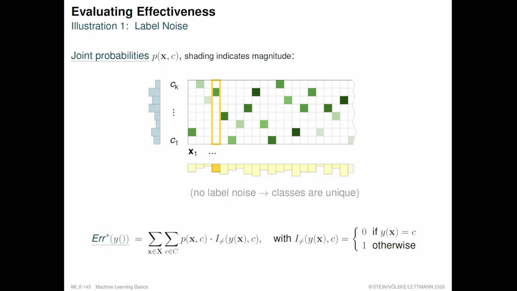So what we introduce here, okay, I took this example column here. What we see is that we have some label noise, and actually it's not that unique what class we could choose. In some cases, when we observe this certain feature combination, or feature vector, it will occur that we have this class. In some cases, we have this class here, but there's still some form of probability here that we can observe.